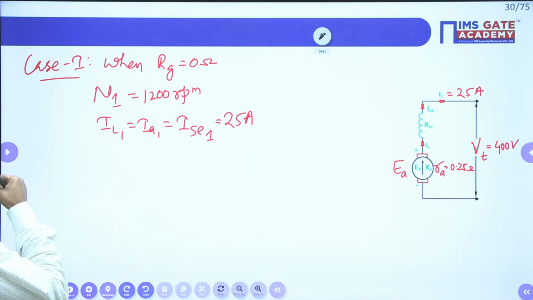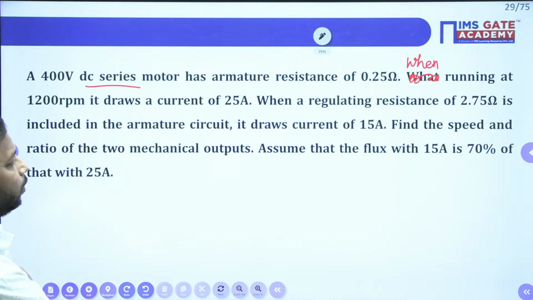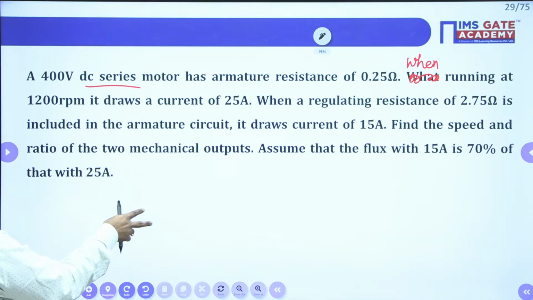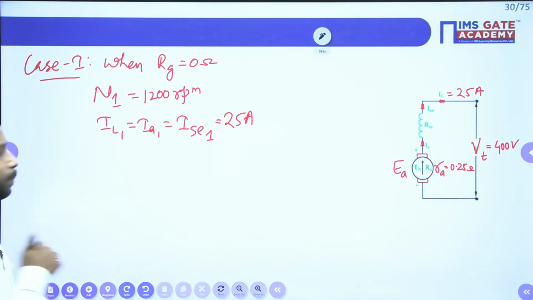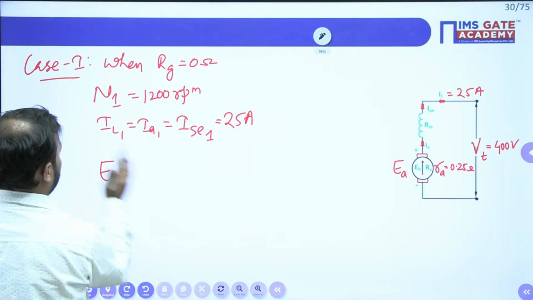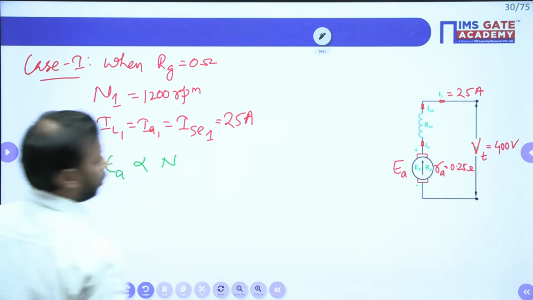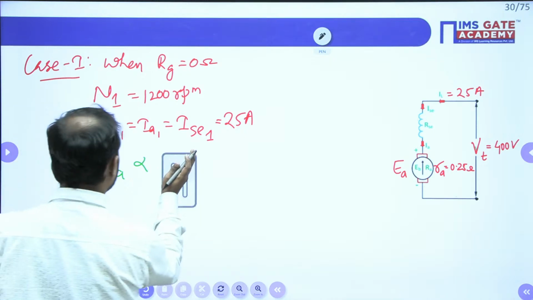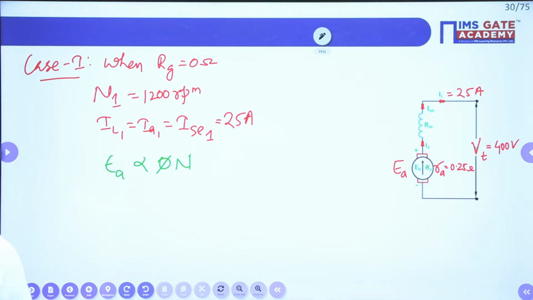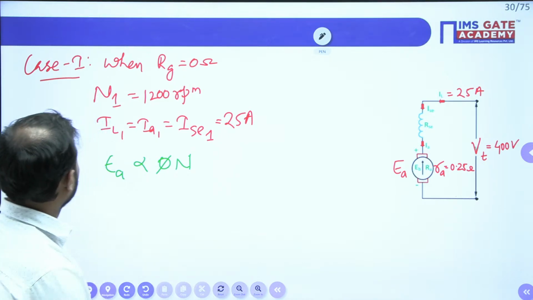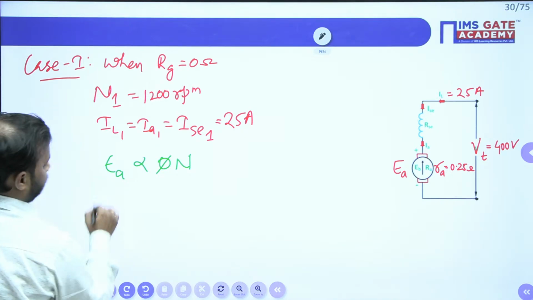Again, I need to calculate the speed and the ratio of the two mechanical outputs. Since the question is about the speed, definitely I require the EMF equation. EA is proportional to phi into N. Can we calculate EA1?